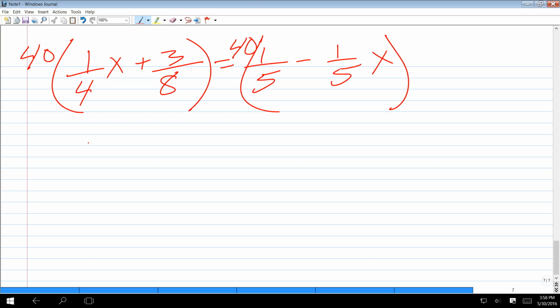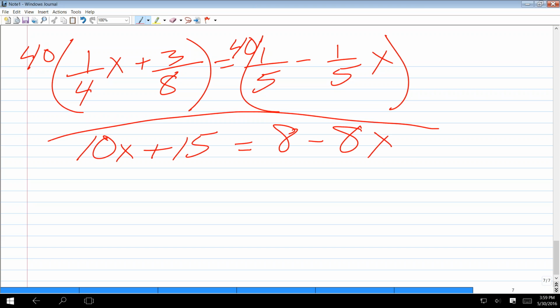On that side you get x plus 15, and on the other side you get 8 minus 8x. Isn't that much simpler to deal with? So that first step is huge. It takes a difficult equation and immediately turns it into an easy equation.